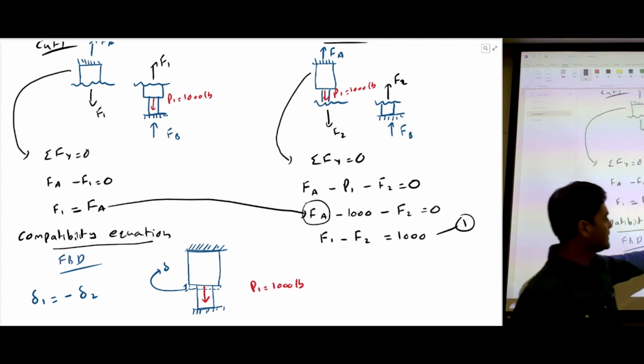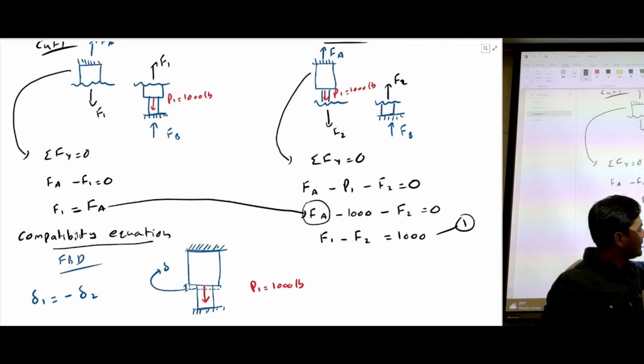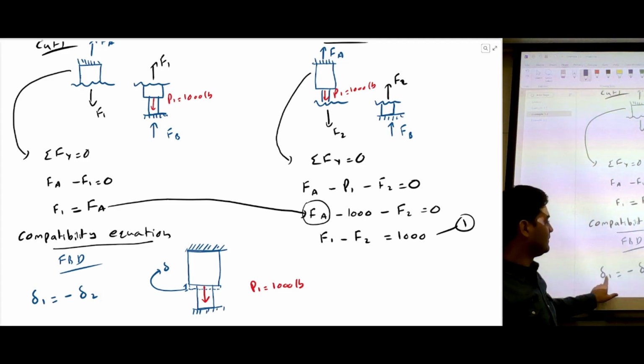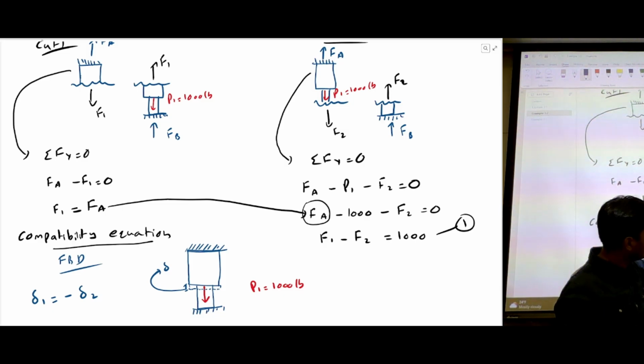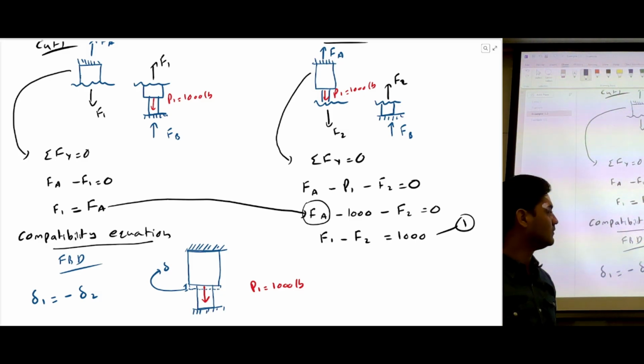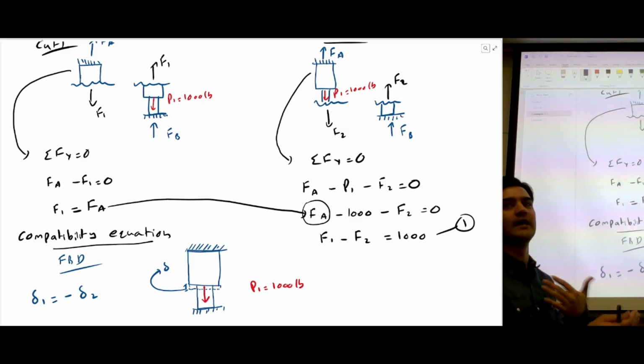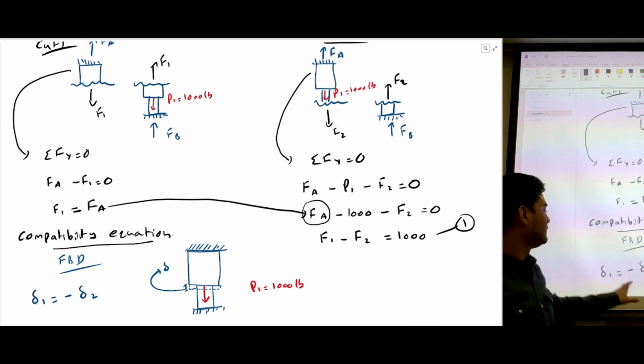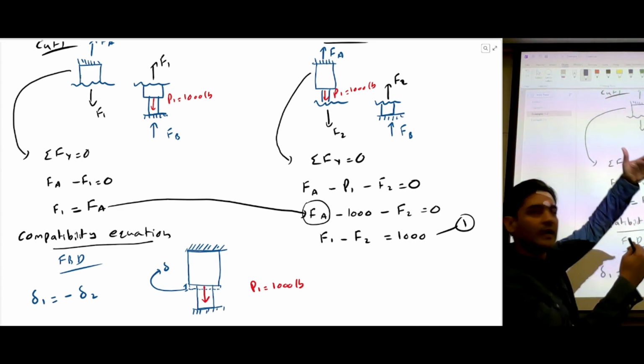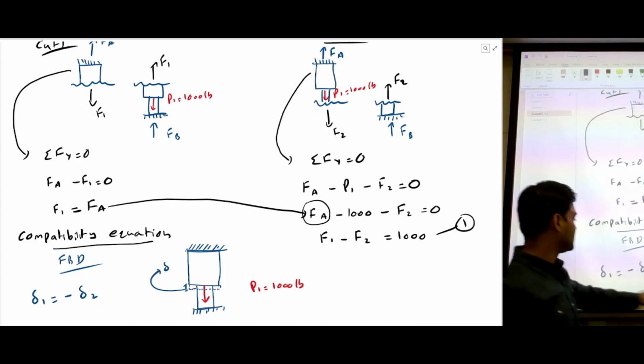Because both elongations are the same. It's being elongated, so I've put a positive sign, but this elongation for cylinder 1 is exactly the same elongation for cylinder 2. So both the elongations are actually the same. It is positive because it's being elongated, and the cylinder 2 is being compressed, so it's negative.